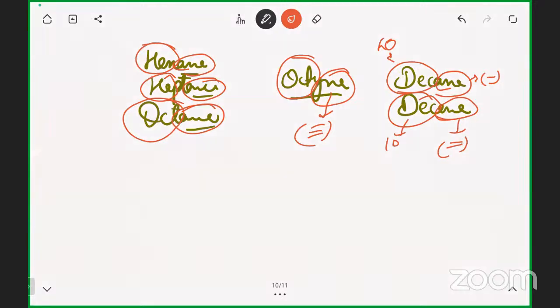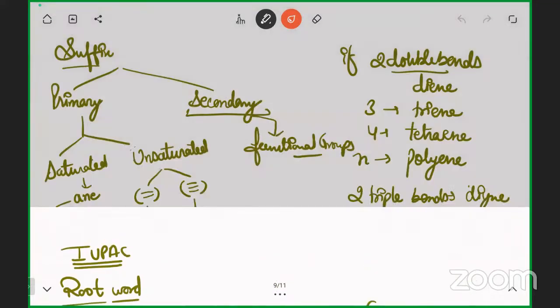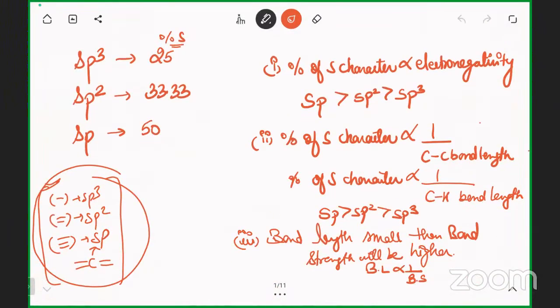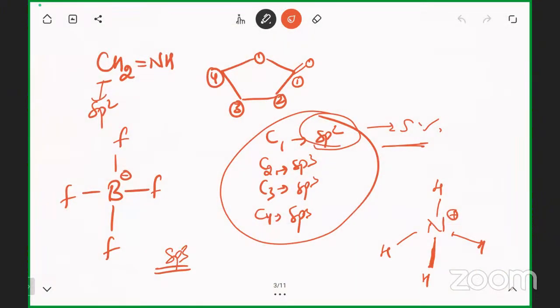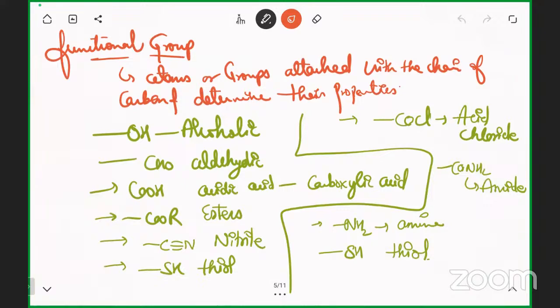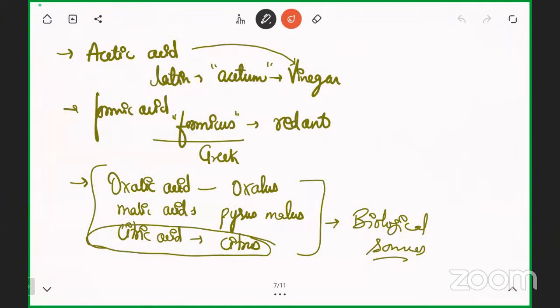Okay, till now any problem? See what we have discussed. First, just revise it once. First we discussed the s character, then hybridization, then the homologous series, then the functional group, then the nomenclature of compounds, the trivial system, and then the IUPAC system.